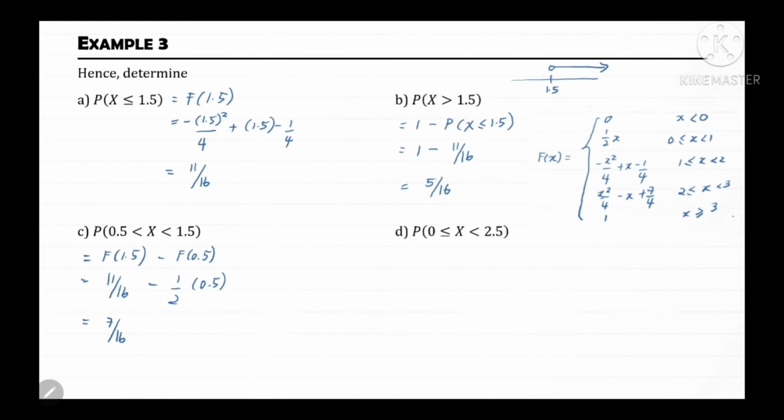D, probability x greater than or equal to 0 and less than 2.5 equals F(2.5) minus F(0). F(2.5) is 2.5 squared over 4 minus 2.5 plus 7 over 4, minus 0, equal to 13 over 16.